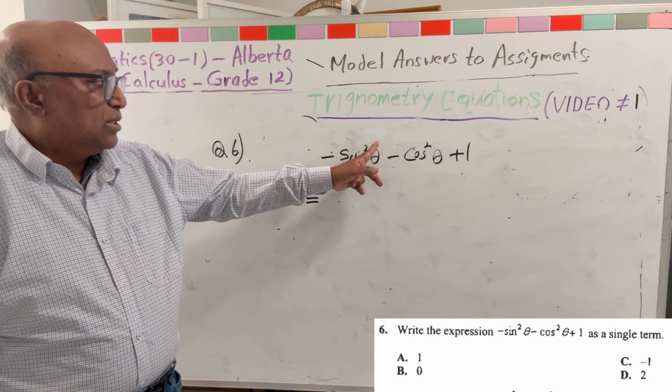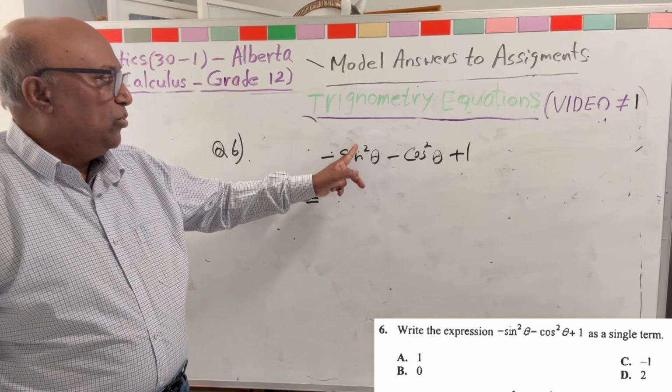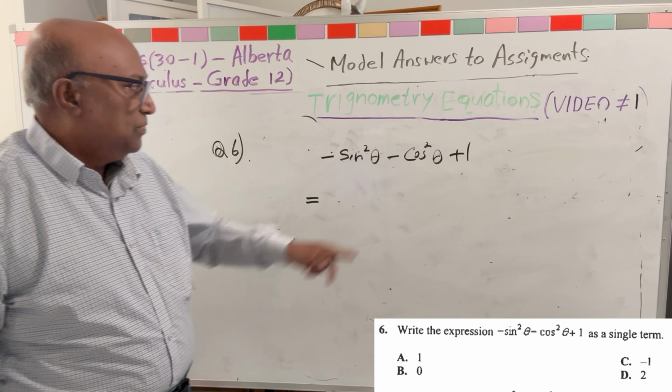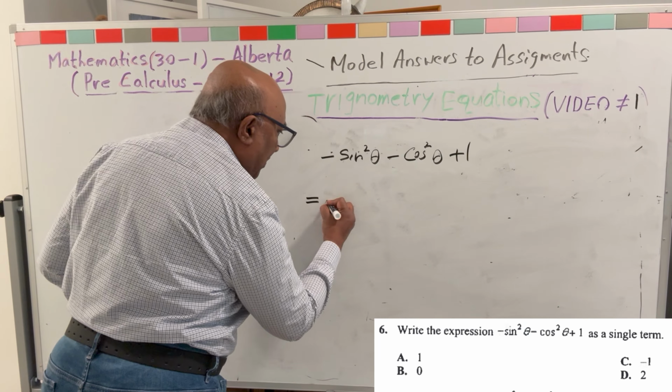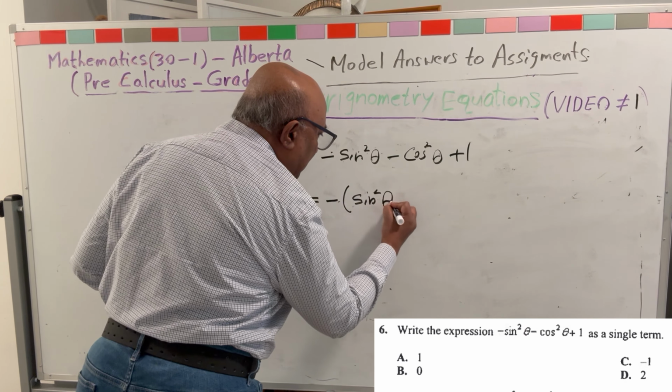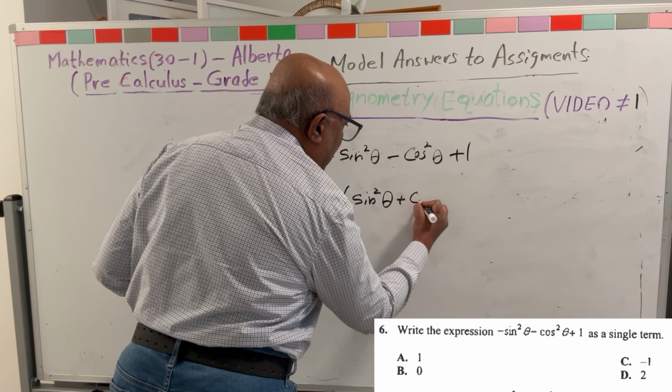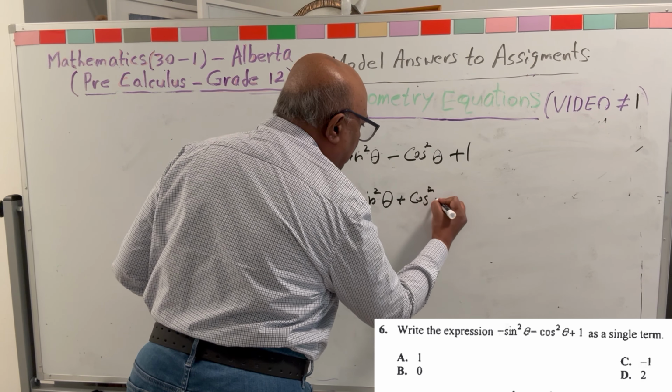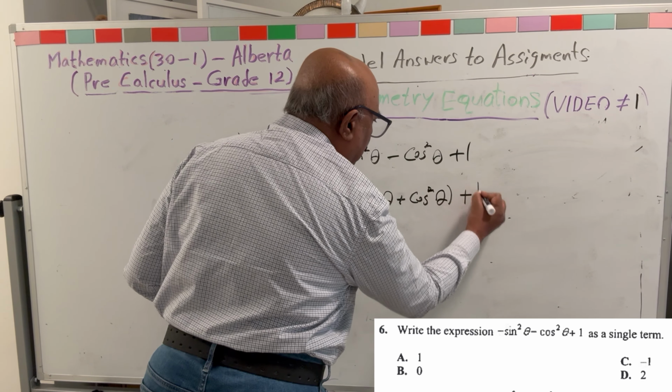Let's gather the first two terms. If you gather these first two terms, you can take out minus 1. Then inside the bracket you remain with sine square theta plus cos square theta, plus 1.